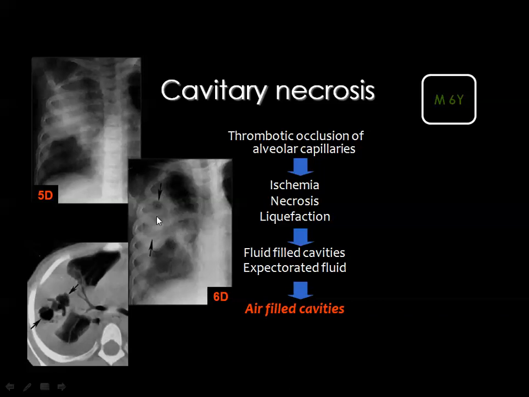This is attributed to, as the literature says, thrombotic occlusion of the alveolar capillaries leading to ischemia, necrosis, and liquefaction of the affected part of the lung, and this will result in multiple fluid-filled cavities. Later on, the fluid is expectorated and you are left with air-filled cavities.